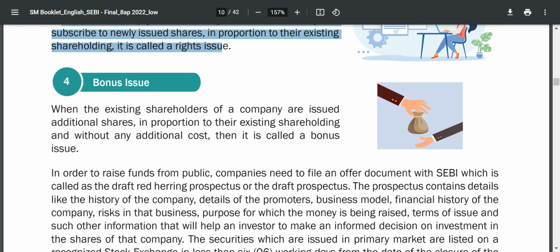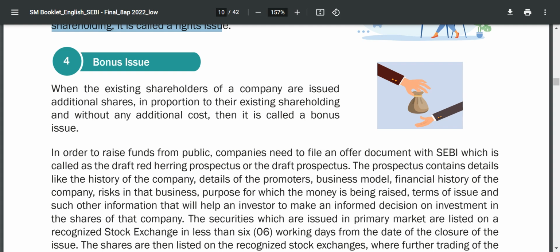Next we are discussing the bonus issue. When the existing shareholders of a company are issued additional shares in proportion to their existing shareholding, without any additional cost, it is called a bonus issue.